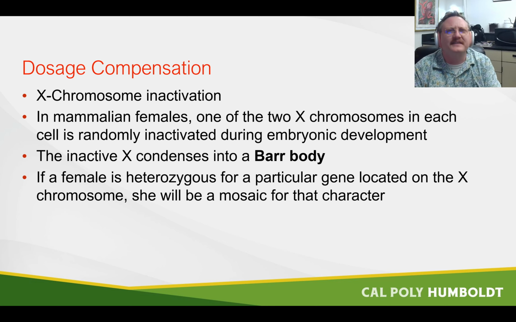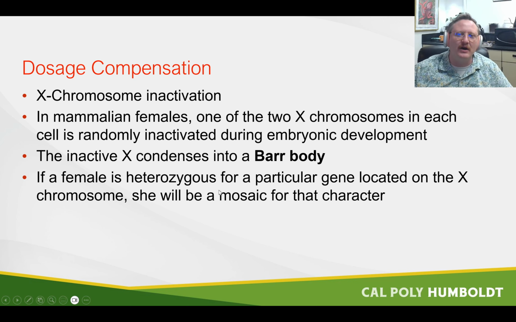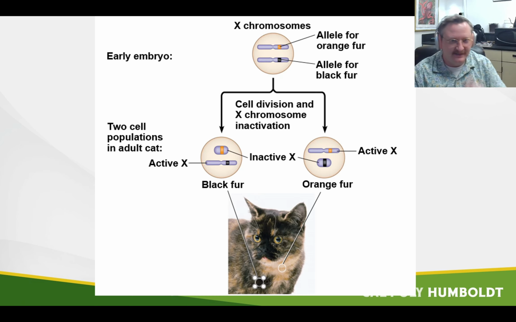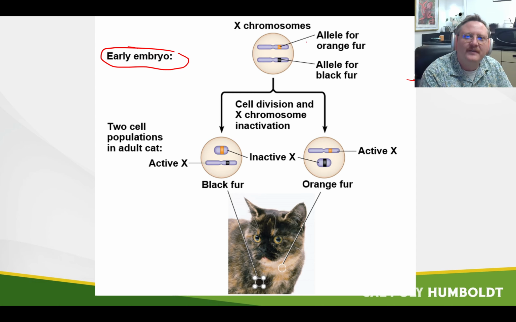So you have an extra set of instructions in a lot of these. In many of your cells, X chromosome inactivation will occur, where one X chromosome stays active and the other X chromosome condenses into a thing called a bar body. So it kind of just clumps up. Check this out. Here's the cat example, where early on in the embryo, the cat has two X chromosomes, one with an allele for orange fur, one with an allele for black fur.